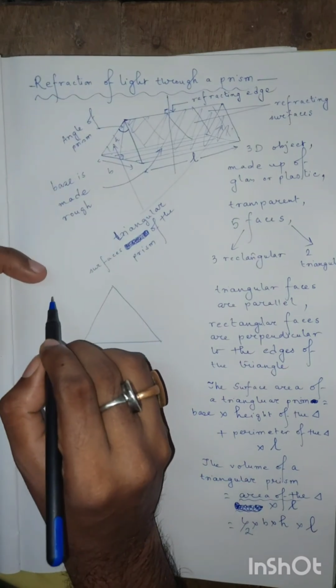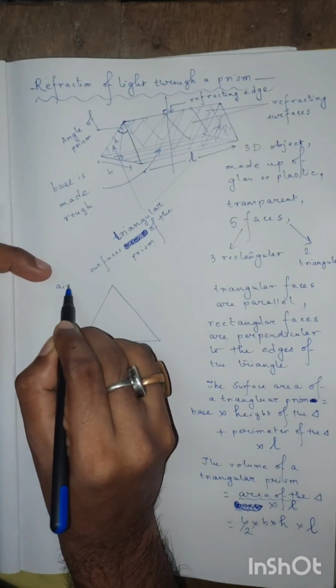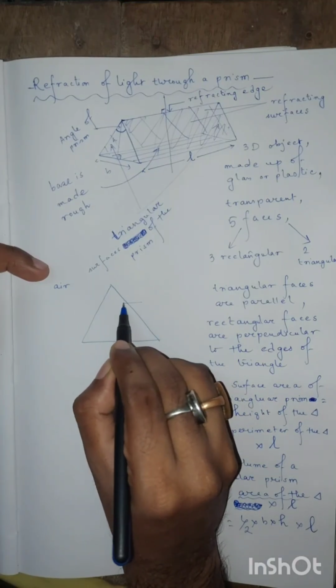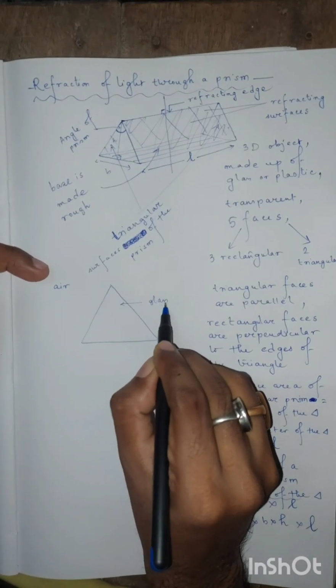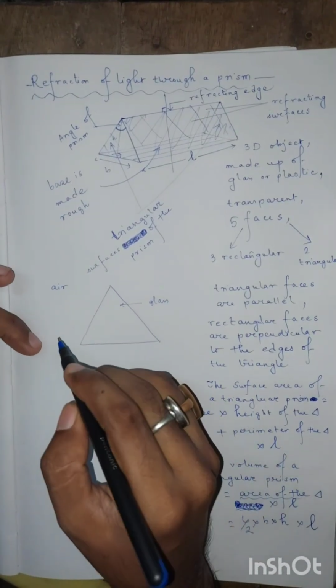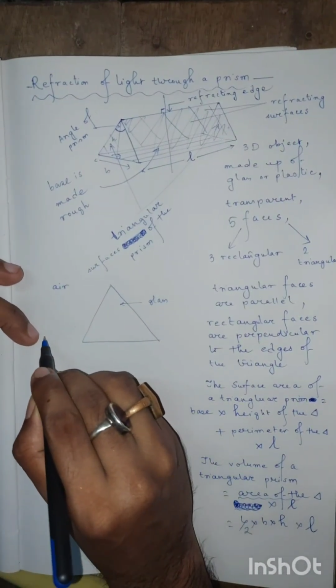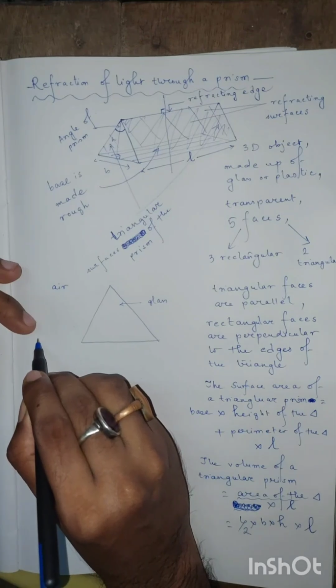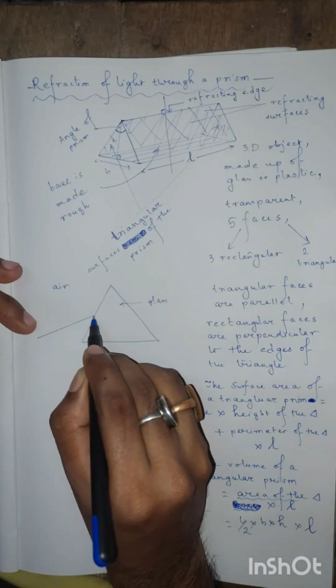Let us assume this is air and this is glass. So a monochromatic light ray is coming and striking the prism like this.